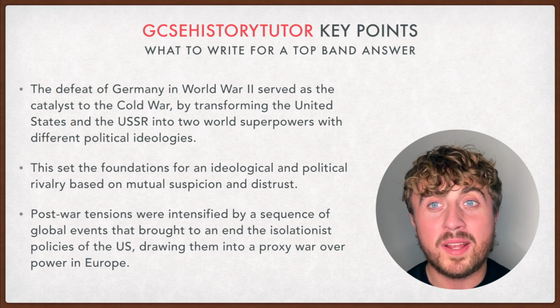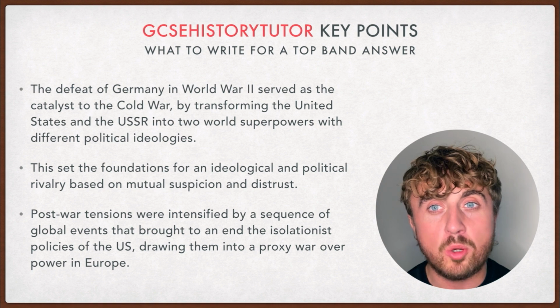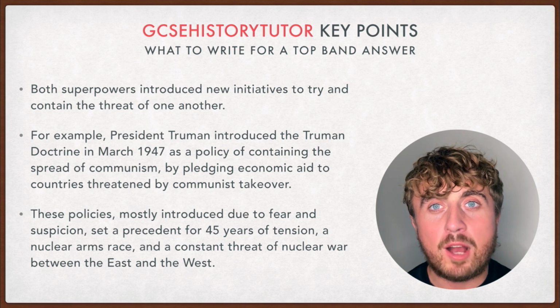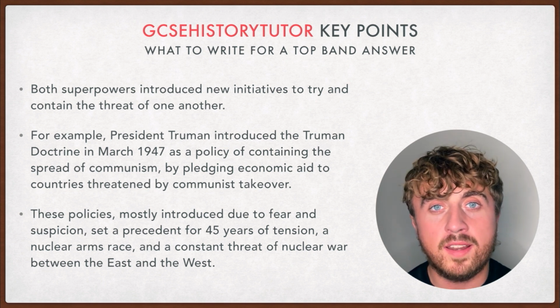Post-war tensions were intensified by a sequence of global events that brought to an end the isolationist policies of the US, drawing them into a proxy war over power in Europe. Both superpowers introduced new initiatives to try and contain the threat of one another.